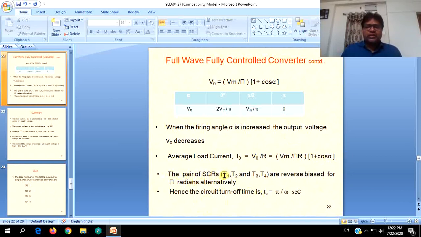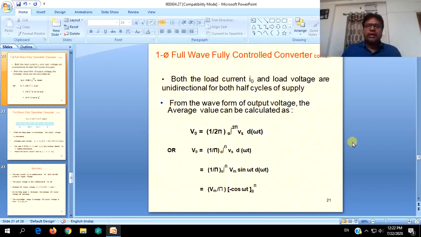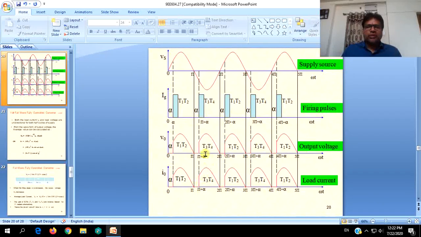The pair of SCRs T1 and T2, and T3 and T4, are reverse biased for pi radians alternately. For every pi radians, T1, T2 or T3, T4 are reverse biased. When T1 and T2 are conducting from 0 to pi, T3, T4 will be reverse biased.